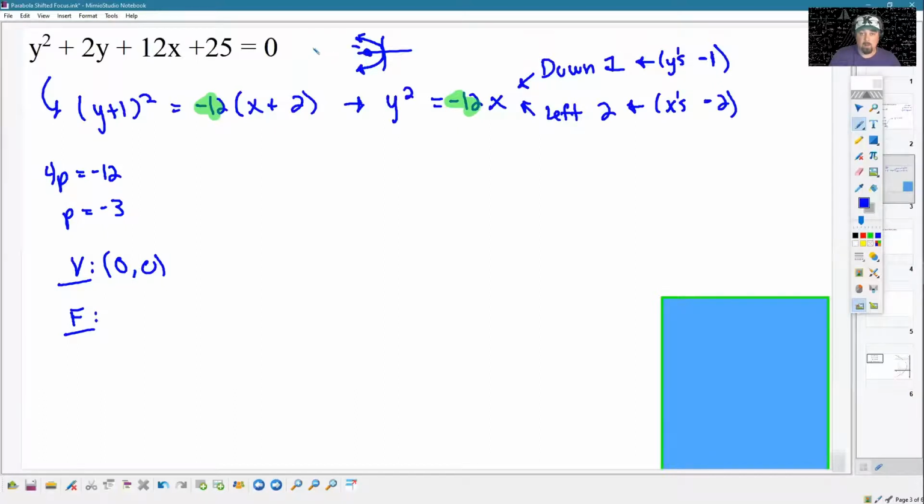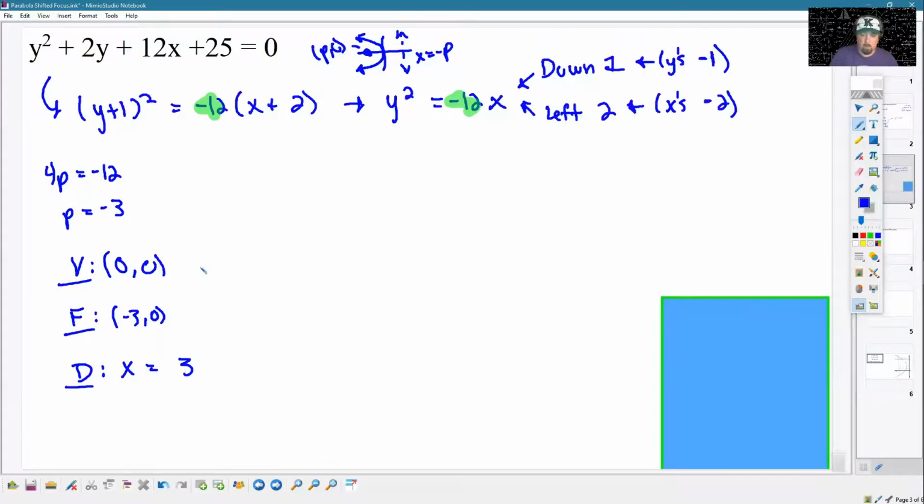So our focus is going to be p, 0, and our directrix is going to be x equals negative p. So our focus is going to be negative 3, 0, and since p was negative, that makes it come out the way that we thought. The directrix is going to be negative of negative 3, which is x equals positive 3.